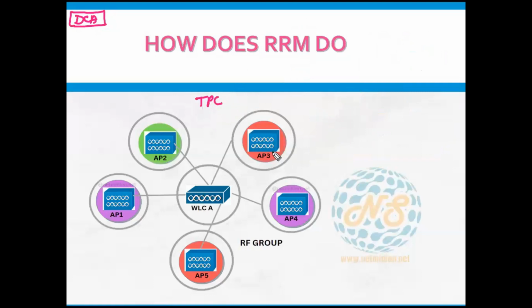TPC, transmit power control. Again, it is a dynamic thing when you are using your WLC through the RRM. What does it mean? The AP has a cell, that is the BSA. If there is a client very nearby, you need to increase a little bit more power.